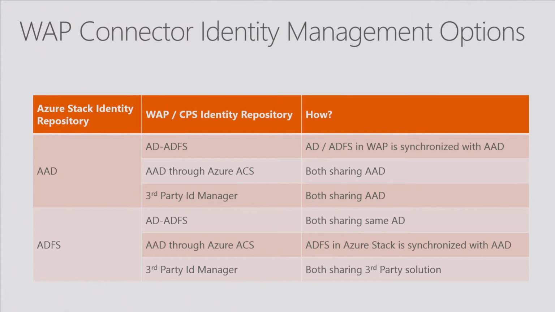The integration point is going to be at AAD. If your plan is to deploy Azure Stack next year in a submarine, or you don't want to use AAD and want to use ADFS, then there are different integration points you need to plan for, depending on what you have today in your WAP or CPS environment. You can read the slide offline, but this is the matrix for how to plan the identity integration.